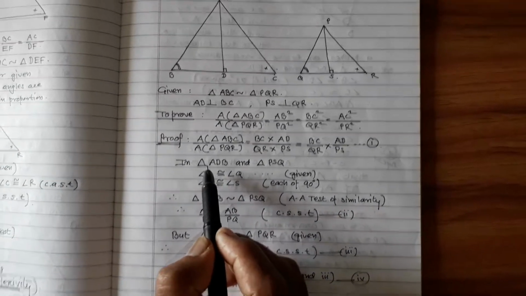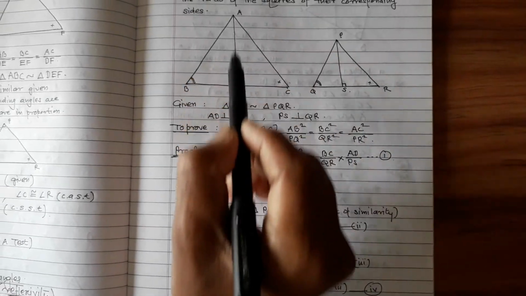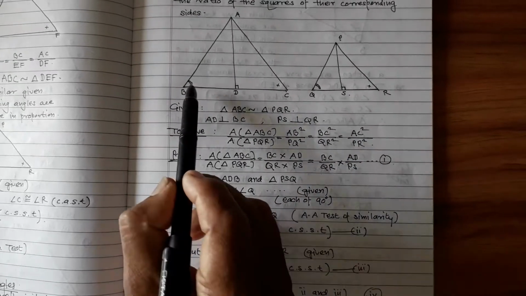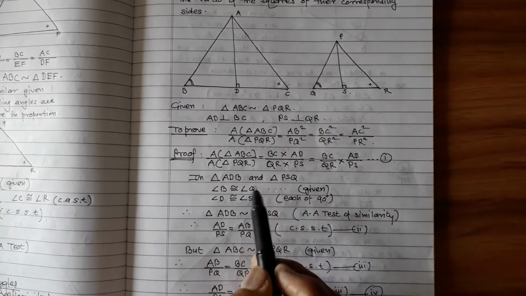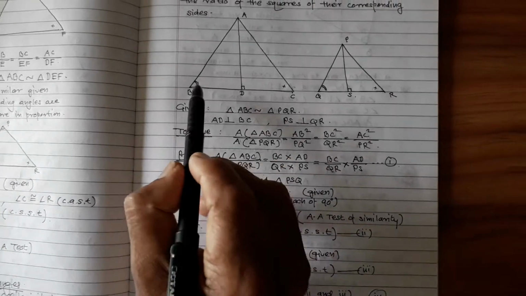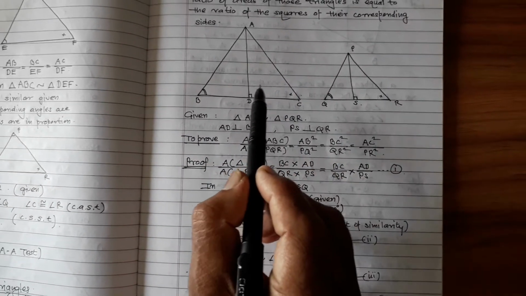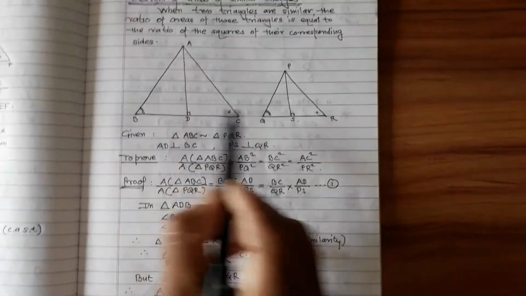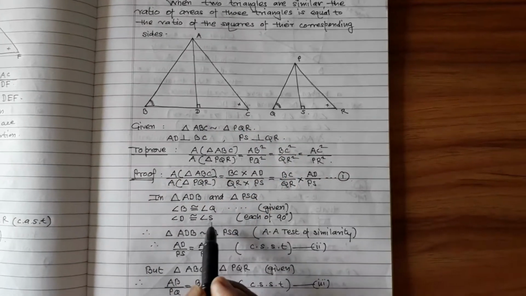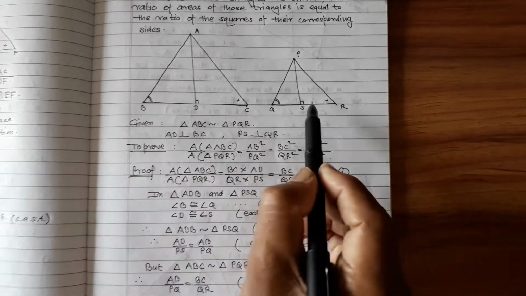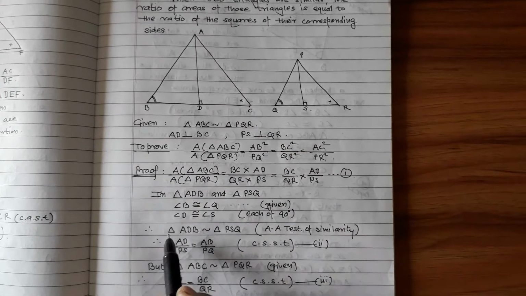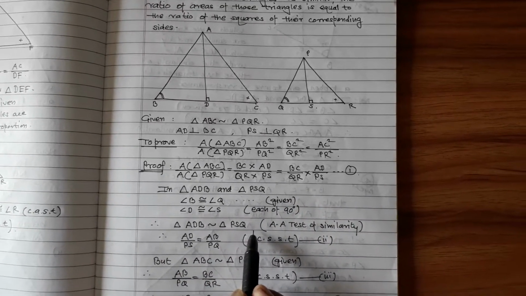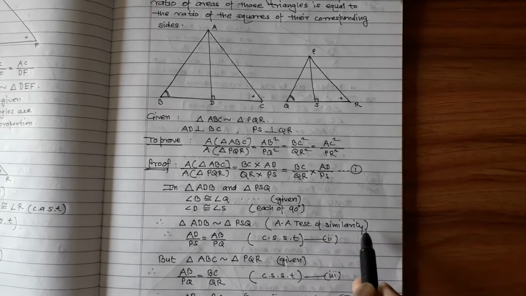In triangle ADB and triangle PSQ, angle B is congruent to angle Q, given, because these are corresponding angles of similar triangles. Angle D is congruent to angle S, because each is of 90 degrees, and therefore triangle ADB is similar to triangle PSQ by the test of similarity, two angles being equal.